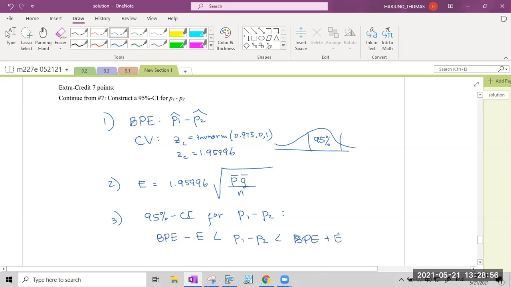So Thomas, what n do we use? You use the n, the sum of n1 plus n2.